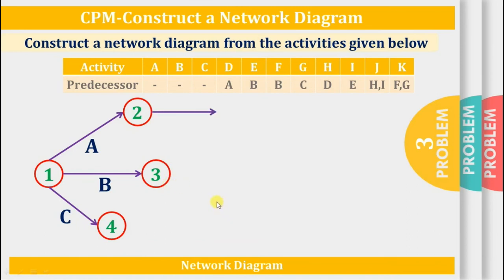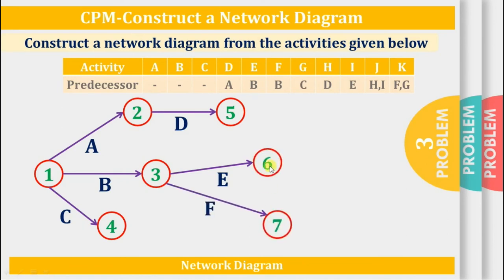So let's start. So this activity D, then activities E and F. Now activity G, predecessor C, so it will be here, G.